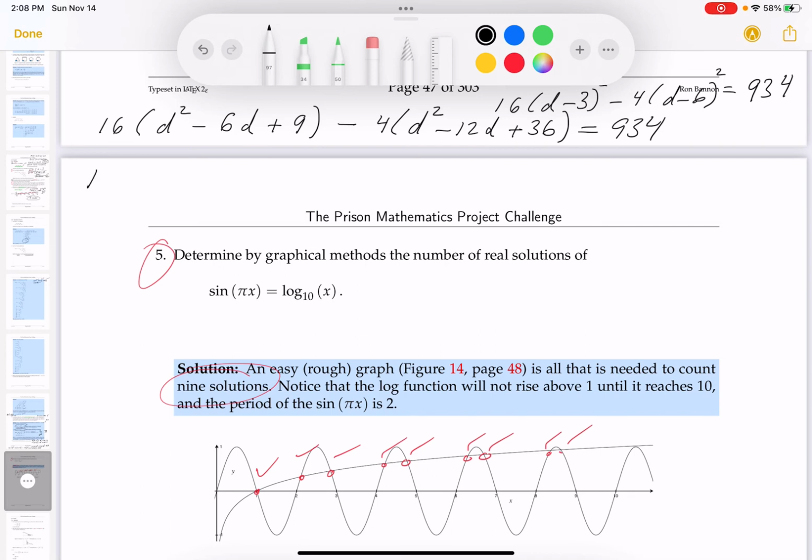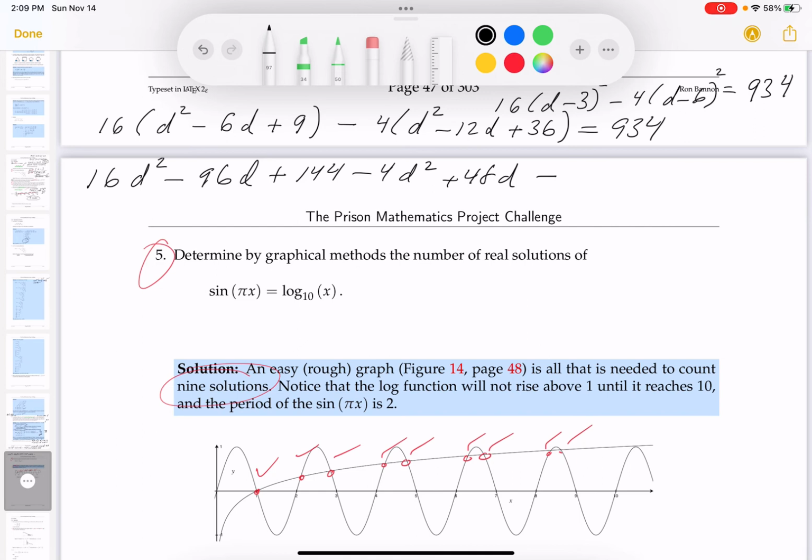Let's put this down, 16d squared. And let's see, 16 times 6, 60 and 36, 96. And 9 times 16 is 90, 144. Minus 4d squared plus 48d minus, well, 4 times 36, right?